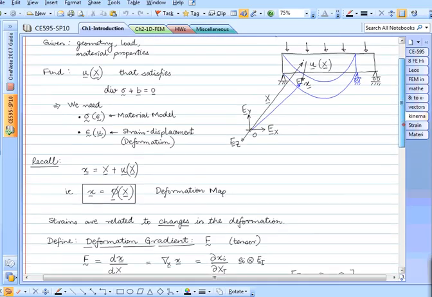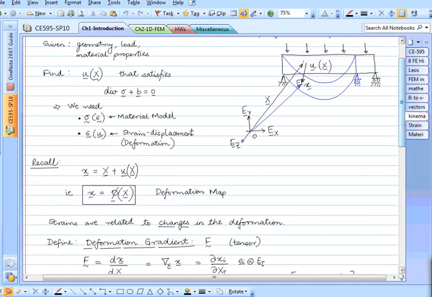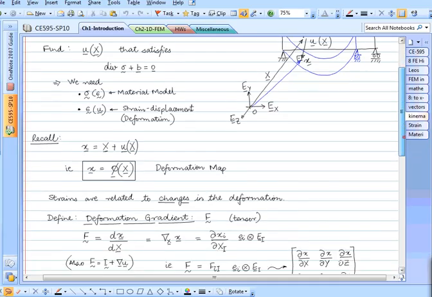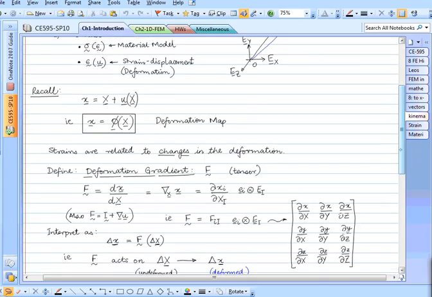The reason we are studying this deformation map is that we will be able to express displacements and strains in terms of it. Just to remind you, strain was change in length over original length, delta L over L. That was our undergraduate definition of strain. But obviously in 3 dimensions, strain is much more involved.